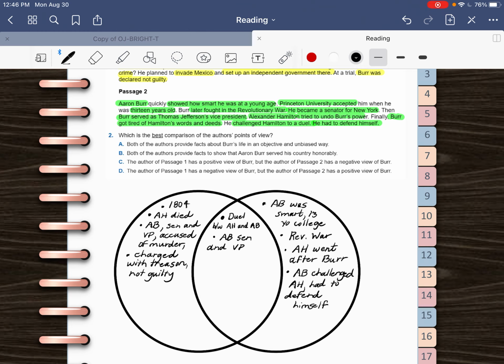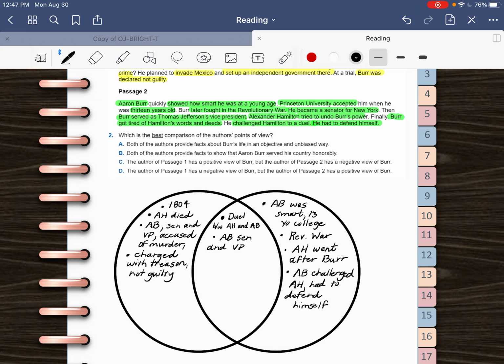Both of the authors provide facts to show that Aaron Burr served his country honorably. The author of Passage 1 has a positive view of Burr, but the author of Passage 2 has a negative view of Burr.